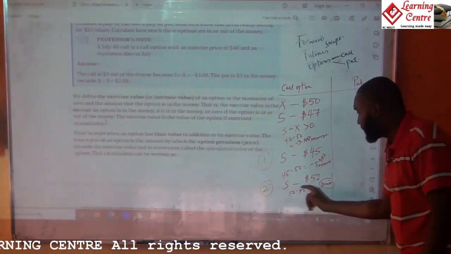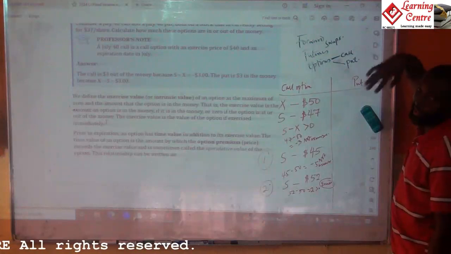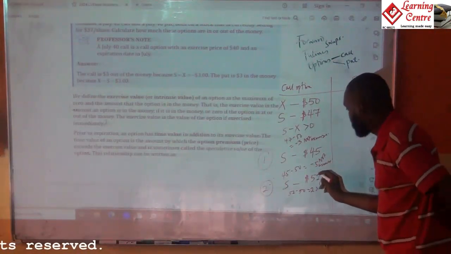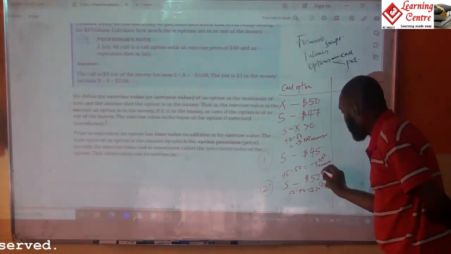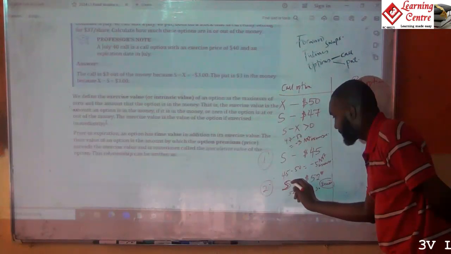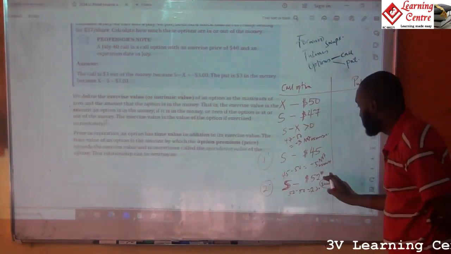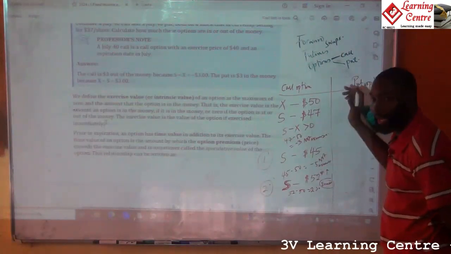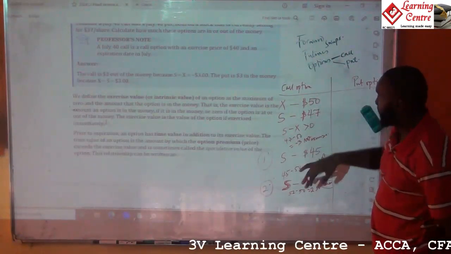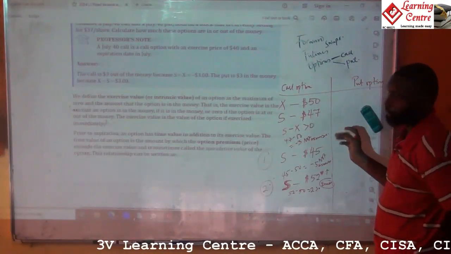So the benefits I will get from exercising can keep going up till infinity. For a call option, the benefit I can get is basically unlimited, because the price can keep going up and I'll be making money. But the other way, I'm not exercising, so it will just be going down to 0.